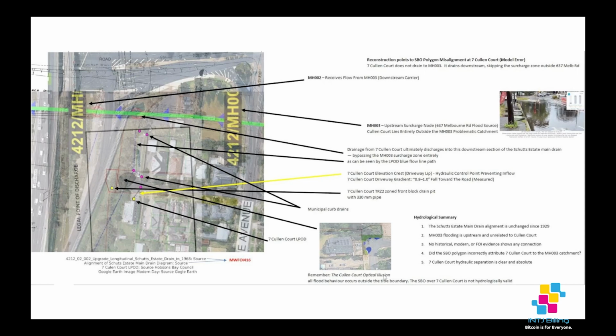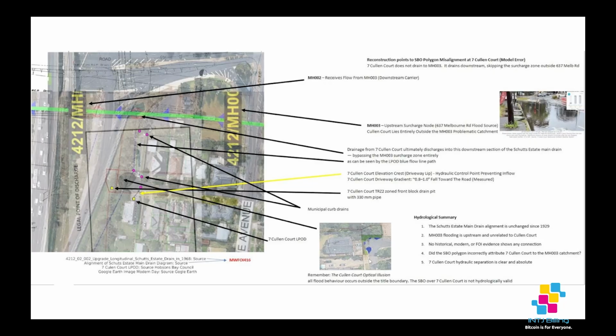Now remember the Cullen Court optical illusion. Remember our image from the previous presentation, where we've got the cadastral survey of 7 Cullen Court, and we can see here's the council nature strip, the council section of the driveway, the council section of the nature strip, and the nuisance ponding in the Cullen Court bowl.